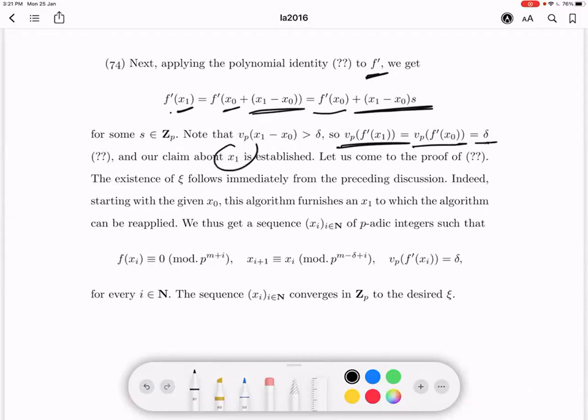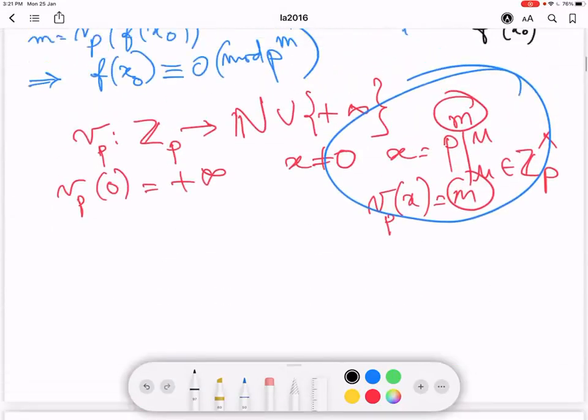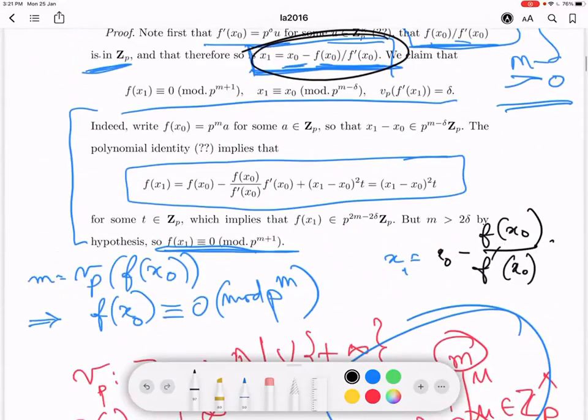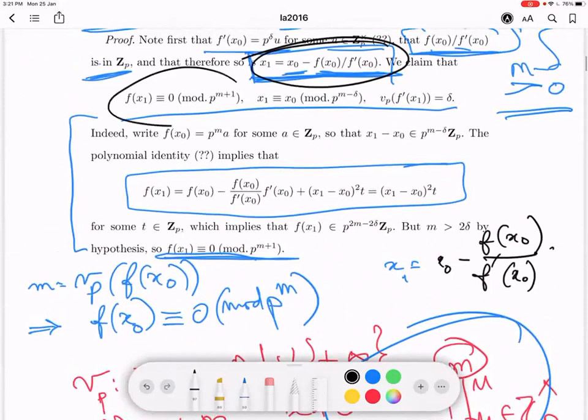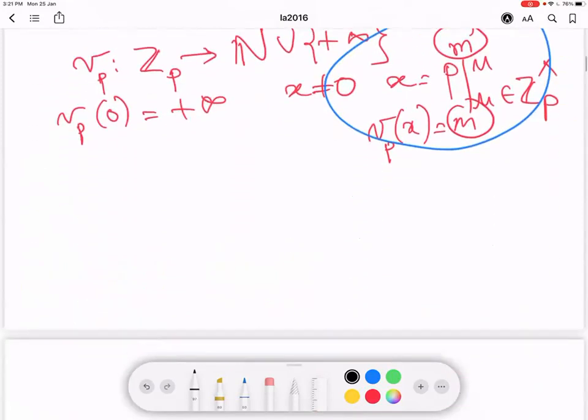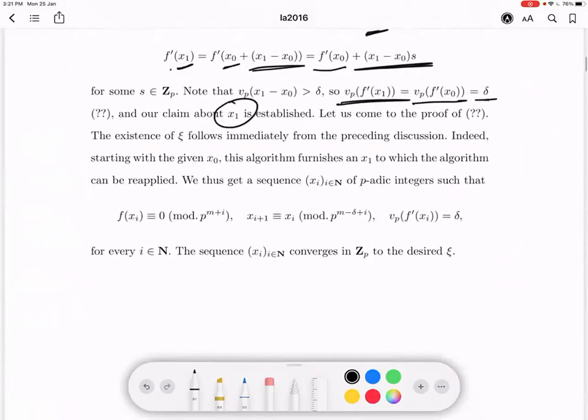So what are the claims about x1 that we wanted to prove? First of all, that f of x1 is congruent to 0 modulo p to the m plus 1, and we have established it here. Then we wanted to show that Vp of f prime of x1 is delta, and we have shown it here, right?